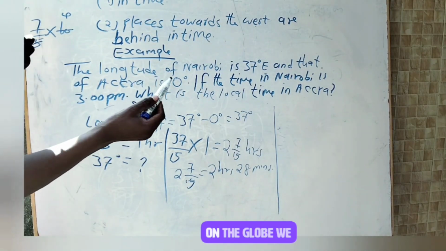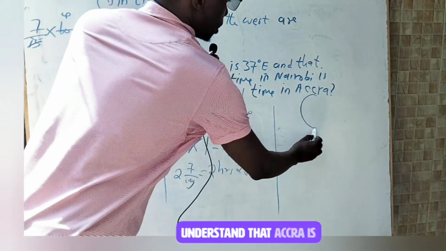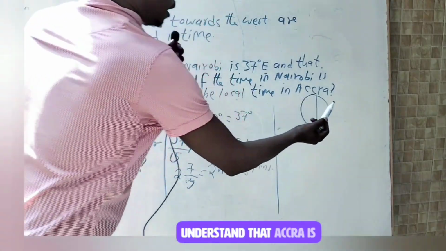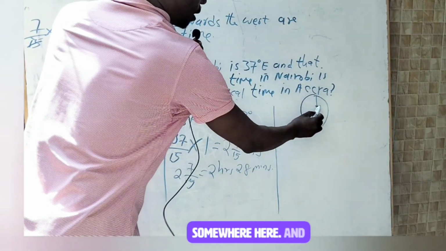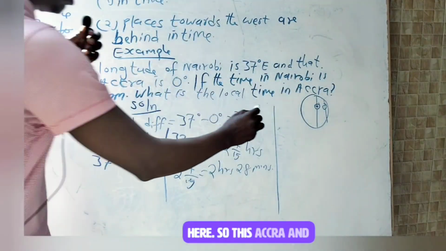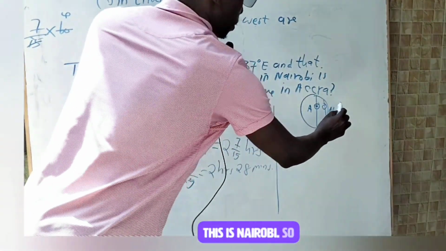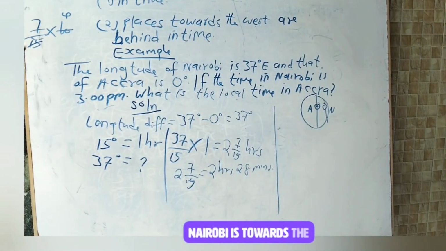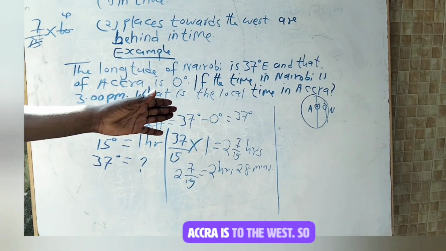So on the globe, Accra is somewhere here and Nairobi is somewhere here. So Nairobi is towards the east of Accra. It means it is ahead in time. And Accra is to the west.